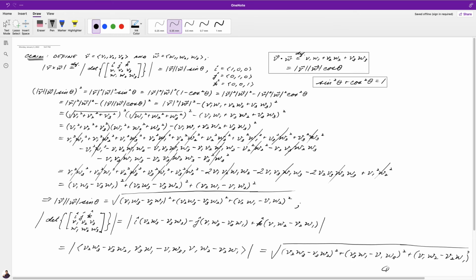All right, there you go. Took a little bit of effort, but we got through it. Hopefully now you understand not only how the cross product for vectors in 3 dimensions worked, but also why the cross product works.